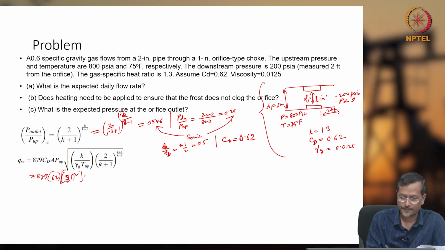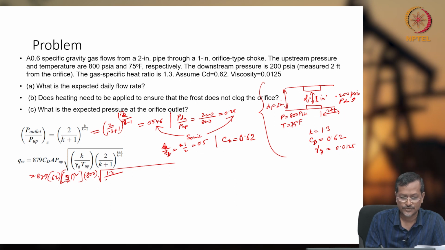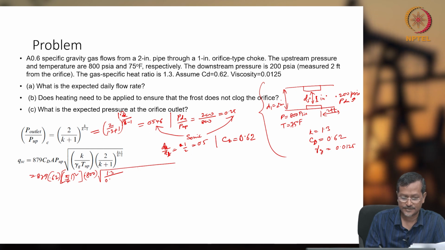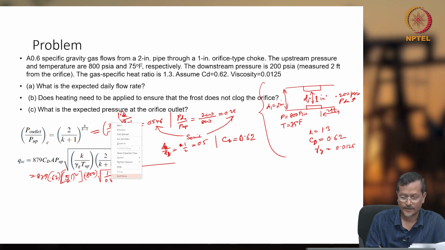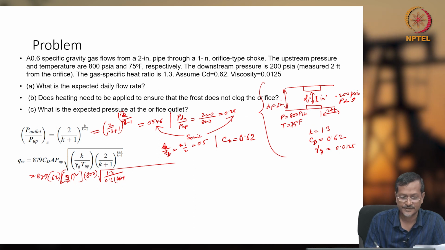P upstream pressure is 800. Then root over K value 1.3, gamma G value 0.6, and T value is 460 plus the given temperature 75.